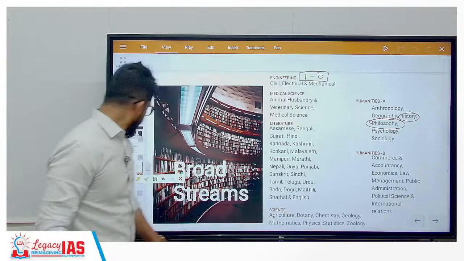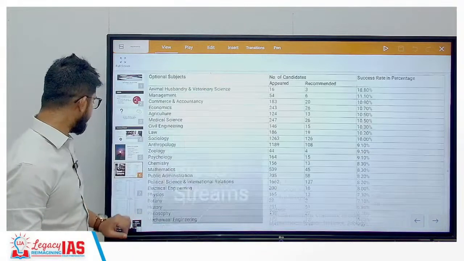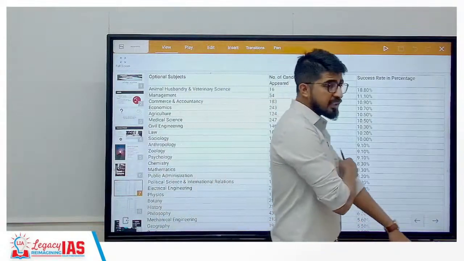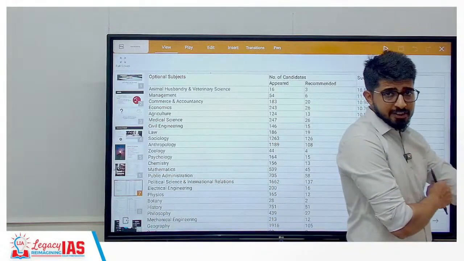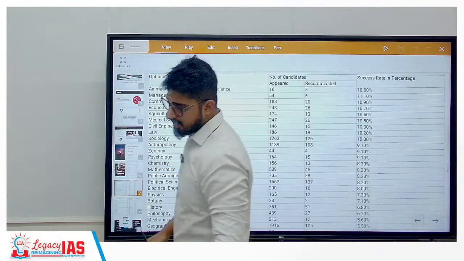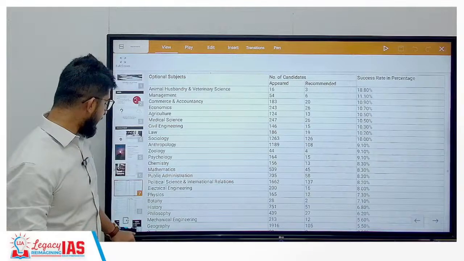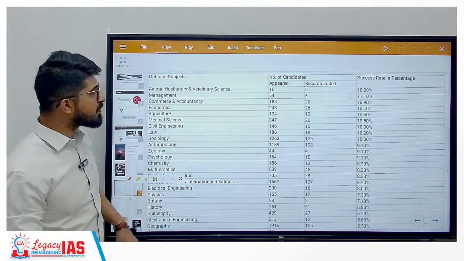Next, with this understanding, we'll go to the next part here: the success rates. The most interesting part for most of the people, right? The success rates, which optional to choose.